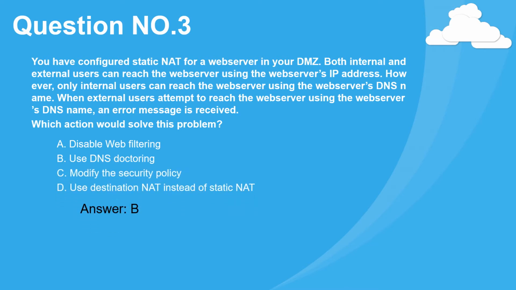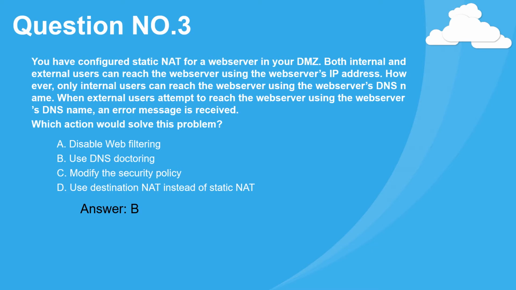Question number 3. You have configured static NAT for a web server in your DMZ. Both internal and external users can reach the web server using the web server's IP address. However, only internal users can reach the web server using the web server's DNS name.